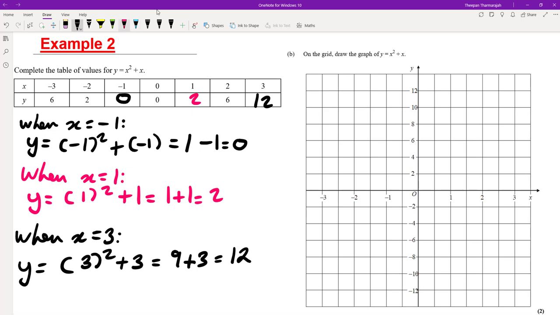Now we're going to plot the coordinates. So we want -3 and +6, -3 on x, +6 on y. Then we're going to do -2 on x, 2 on y, -1 on x, and 0 for y. 0, 0.